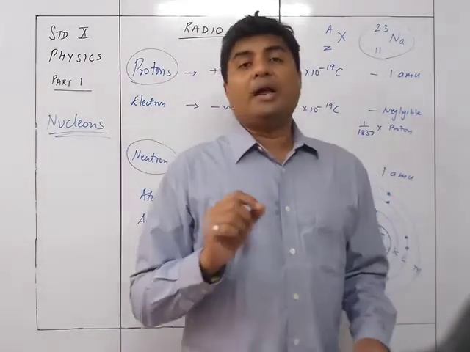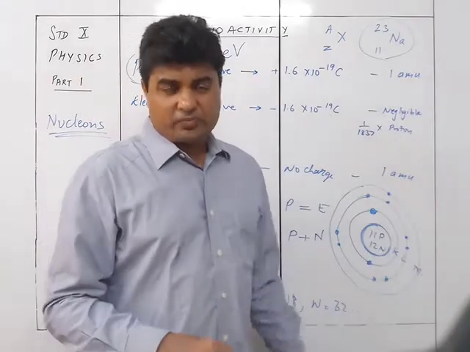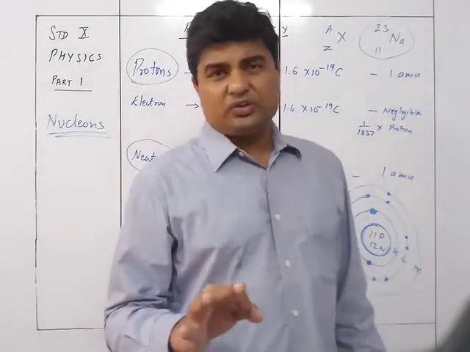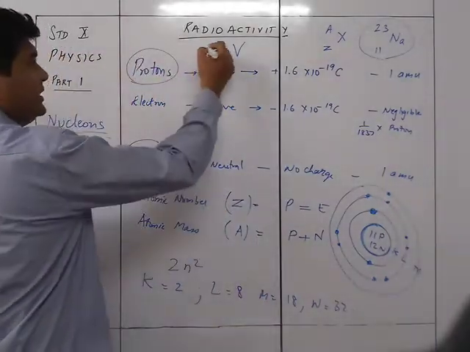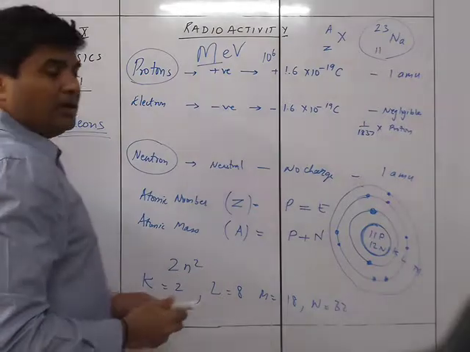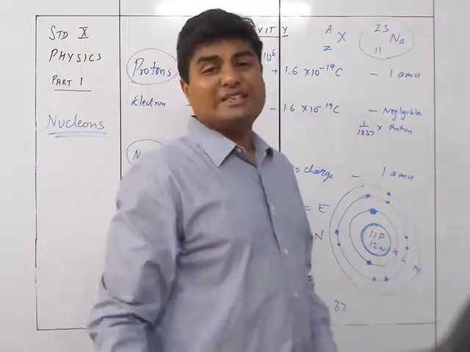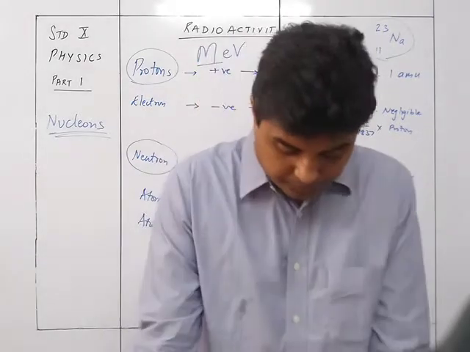But if you need a nuclear change to take place, the energy is in terms of mega electron volts. Mega is 10 raised to 6, so it is 10 raised to 6 times more than what is required in a chemical change.